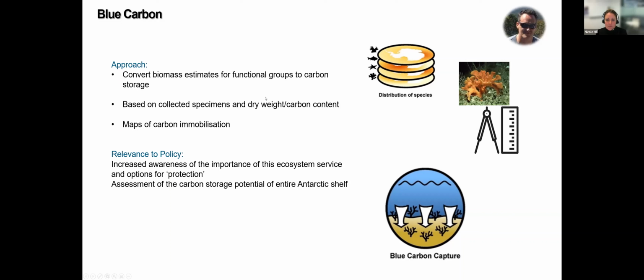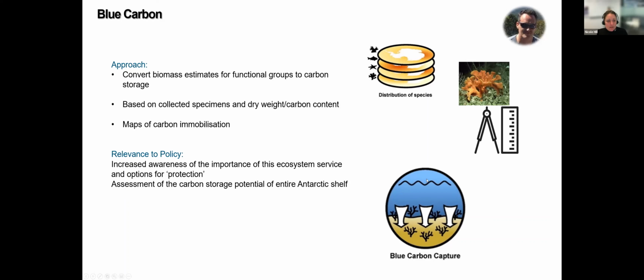So this will be based on specimens and empirical data that David Barnes has collected from a whole range of benthic organisms to develop maps of carbon immobilisation at seafloor. So basically, we'll be using the empirical measurements that he's generated for functional groups, applying them to the distribution of these functional groups and generating estimates of the blue carbon immobilisation potential.